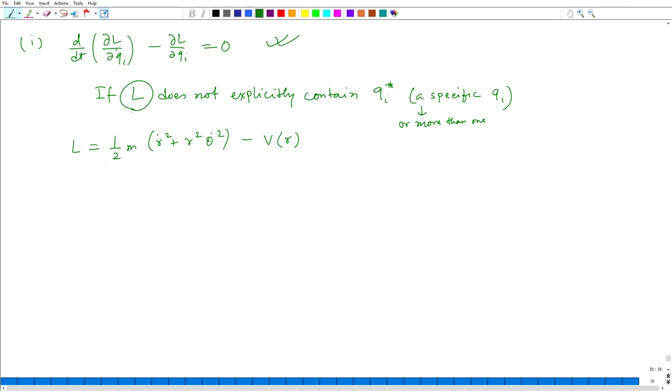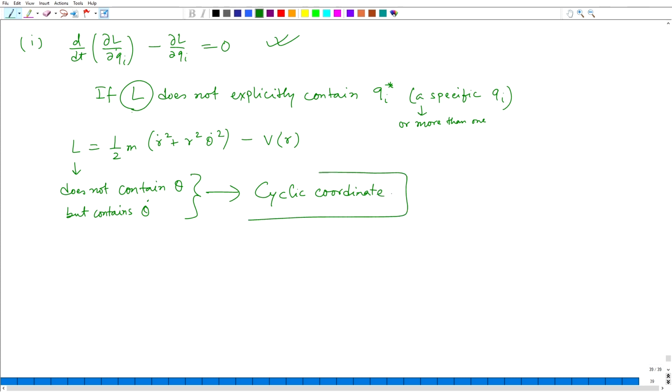You see that this does not contain theta, but contains theta dot. This type of coordinate is known as a cyclic coordinate.